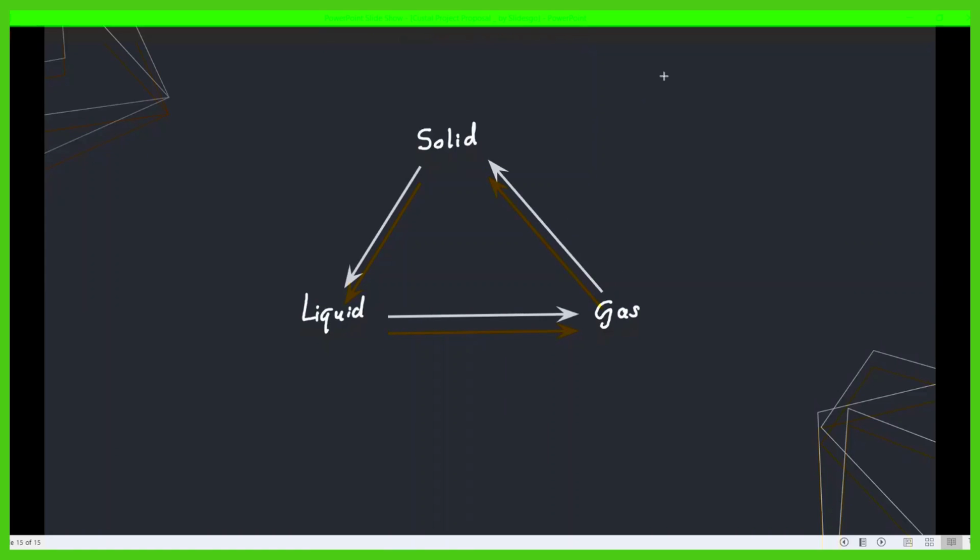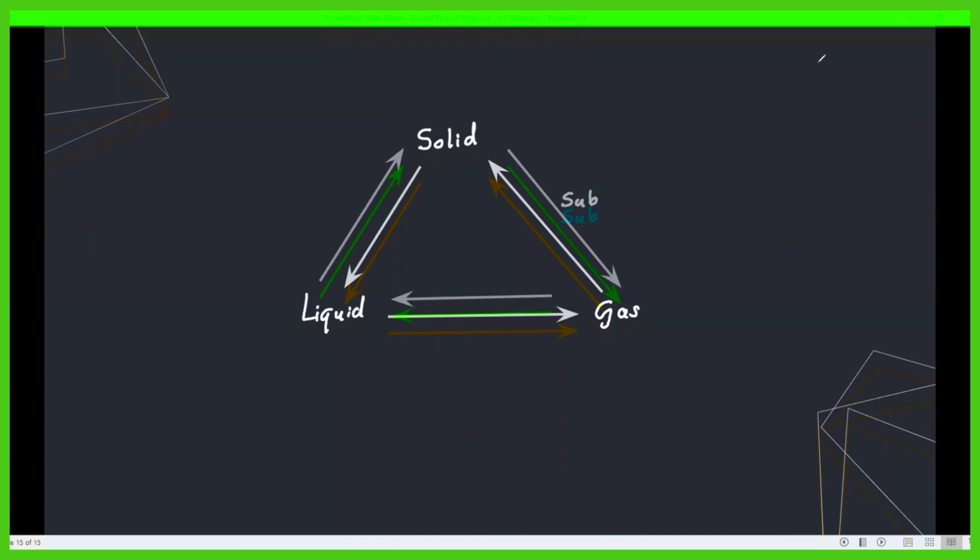Gas to solid, let's not speak about that for now, we are going to speak about it within a couple of minutes. The opposite operation, liquid to solid, is freezing. Gas to liquid is condensation. Solid to gas is sublimation. And gas to solid, which is again rare and uncommon, is desublimation.